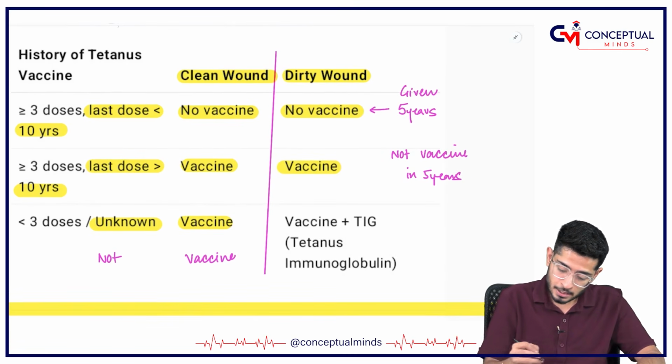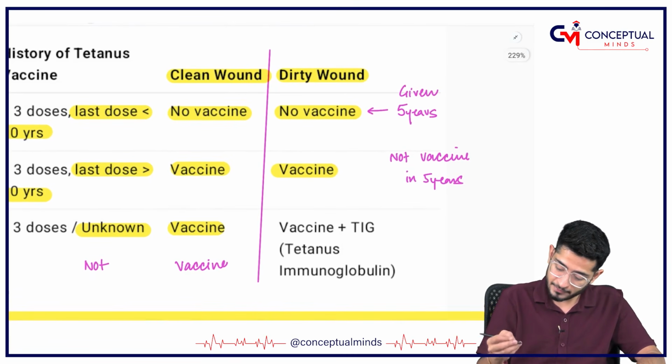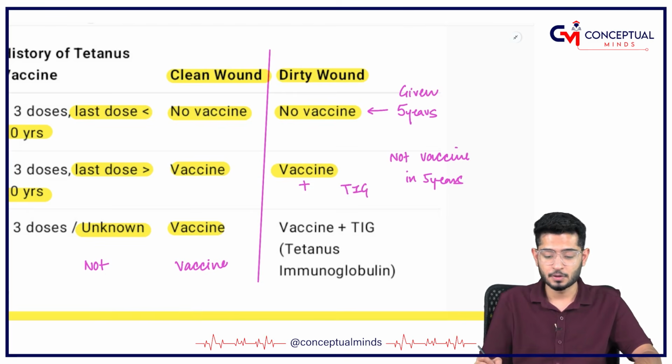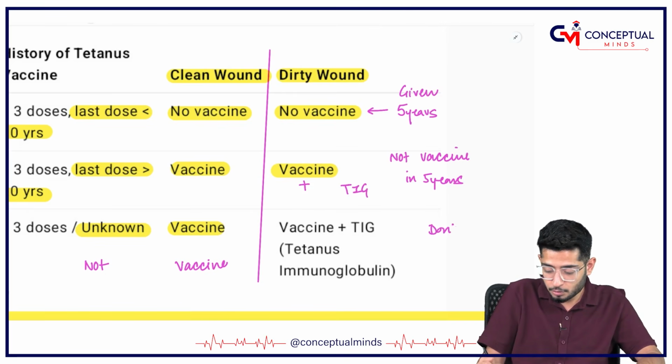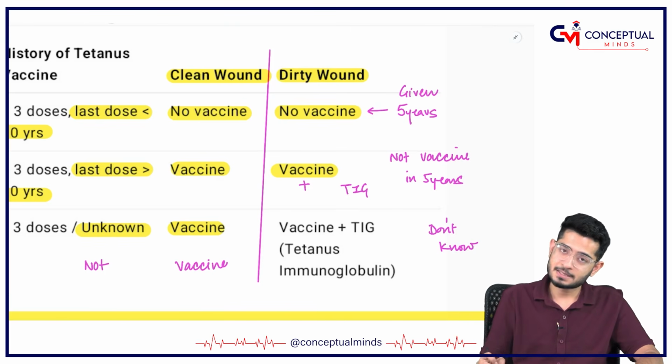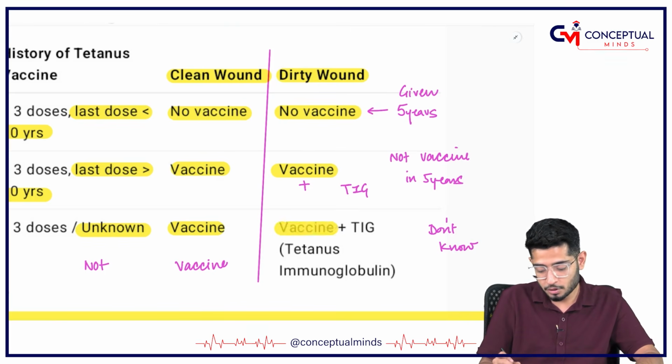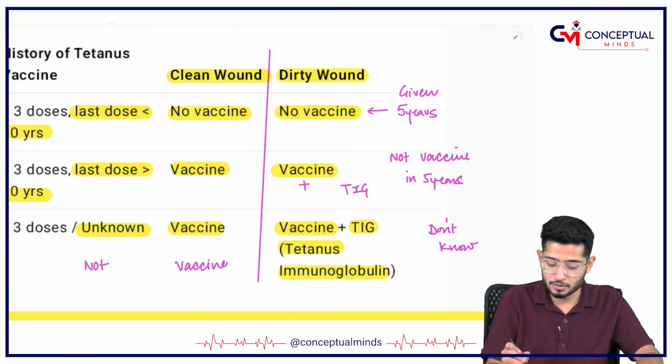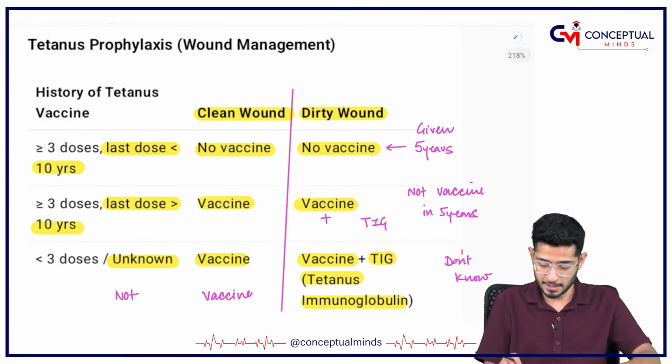And if the patient has a dirty wound, not only give the vaccine but also add the tetanus immunoglobulins, okay. And even if the patient doesn't know if he has received the vaccine in the last 5 years or not, you give the vaccine and you give the immunoglobulins also if it is a dirty wound.